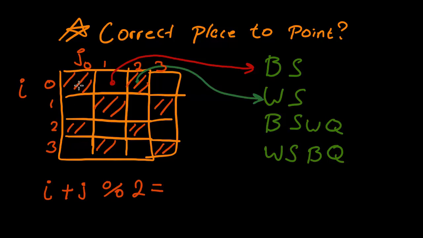Whenever you have a 1 and you're on a white space, let's go to white space black queen. And let's say we're on a black space and we have a white queen. Just go to a black space with white queen.